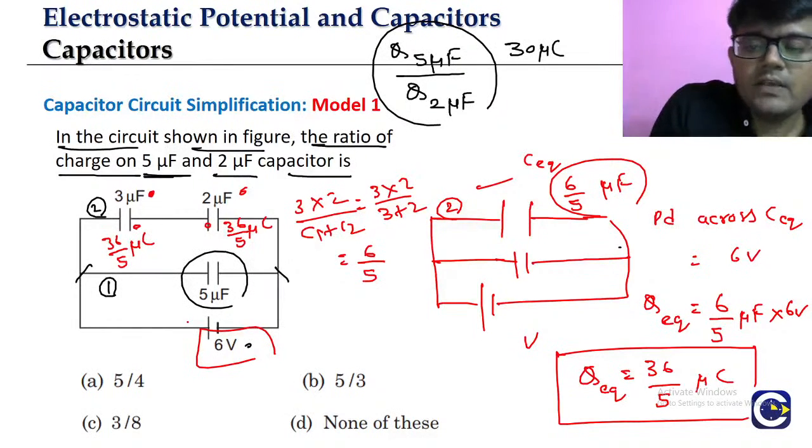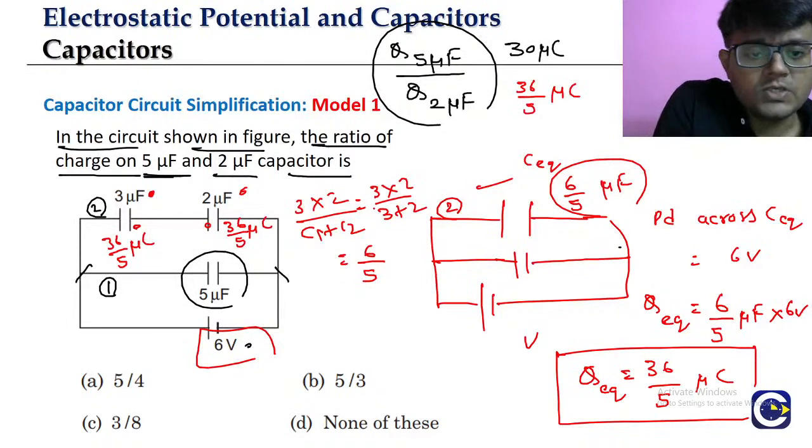So we are getting the charge on the 2 microfarad as 36 by 5 microcoulombs. So what are they asking? They are asking the ratio of the charge on the 5 microfarad capacitor to the 2 microfarad.